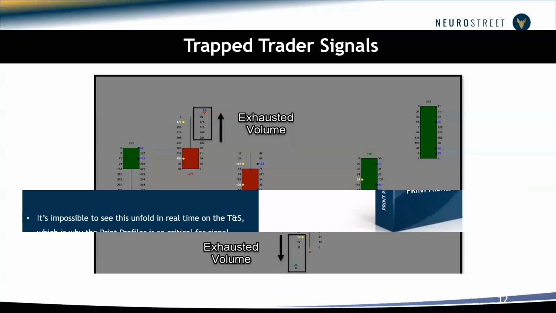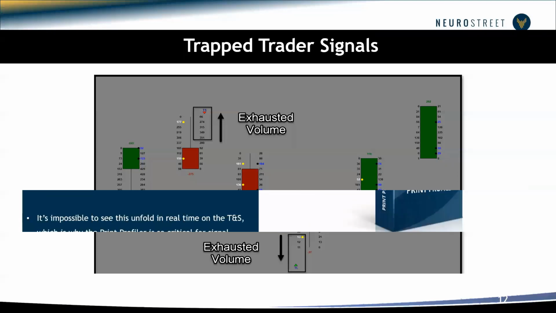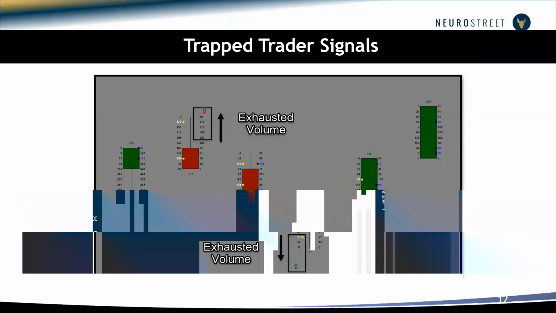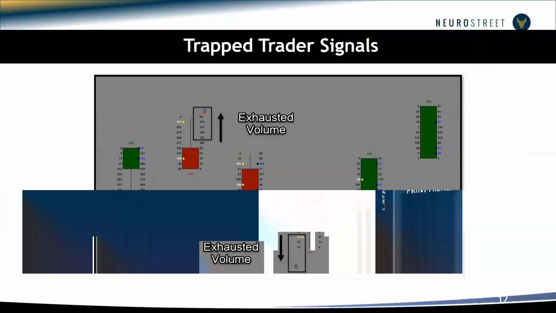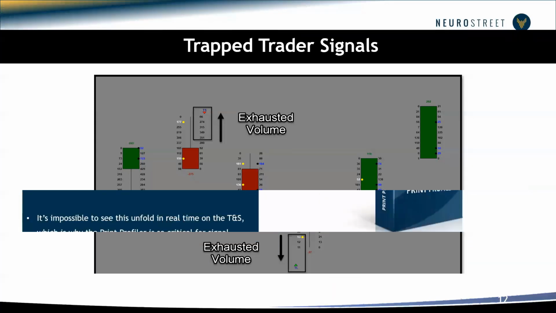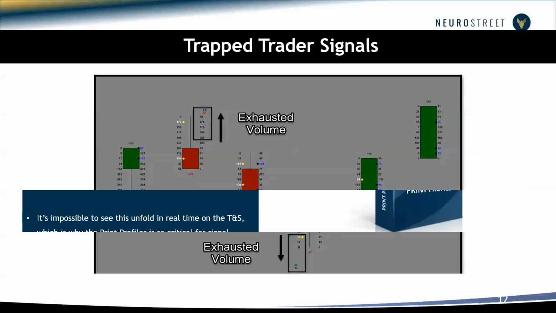You're going to have exhausted volume happen all over the place, or price would not turn from area to area. What we need to see is declining order flow at the highs or lows and price getting stuck in those locations. We call these trapped traders because buyers and sellers are trapped at the opposing side of price.